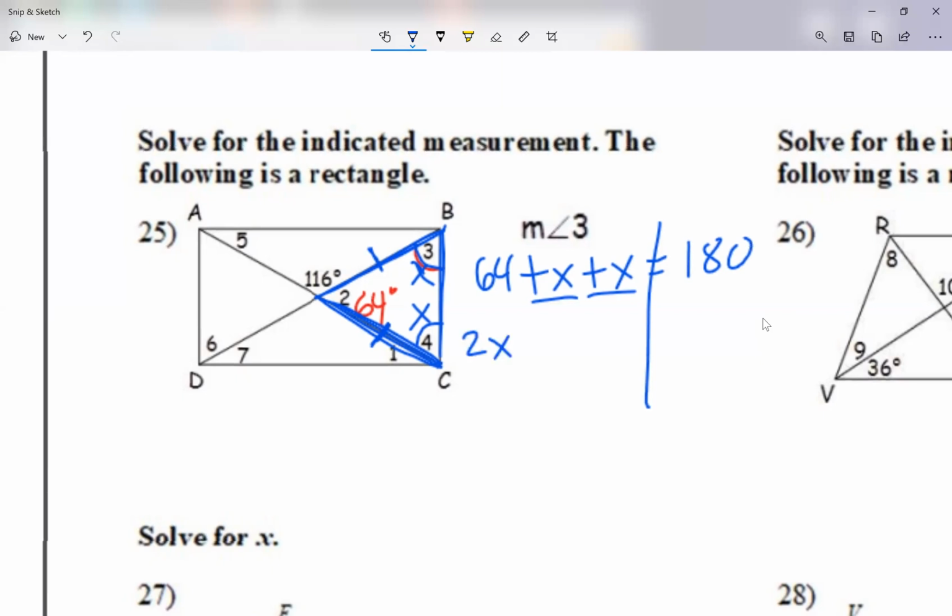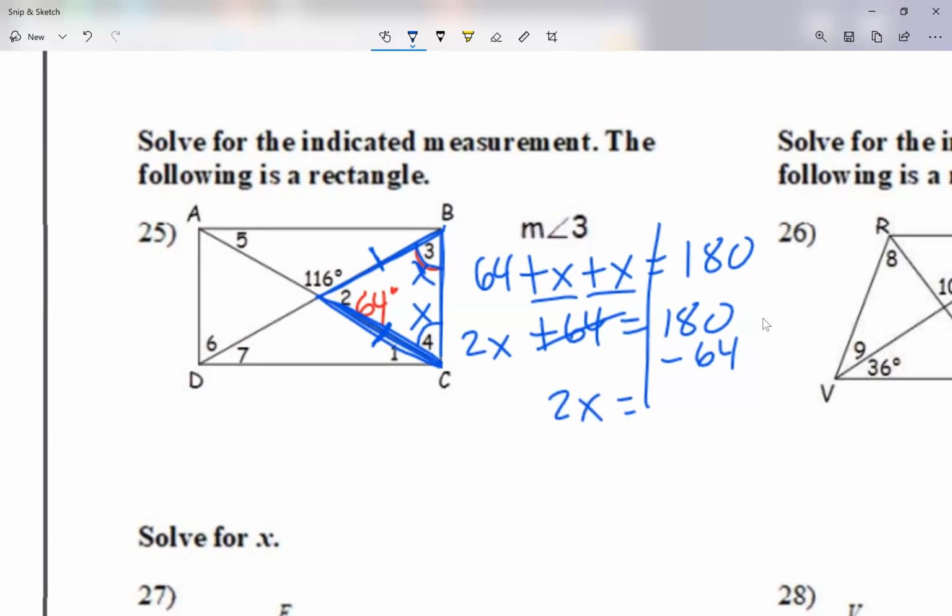If you thought of x squared, that's multiplied. X times x is x squared. Now, x plus x is 2x. So I have 2x plus 64 is equal to 180. Okay, this plus 64, let me move it over as a minus 64. So I have that 2x is equal to, now 180 minus 64 is 116.